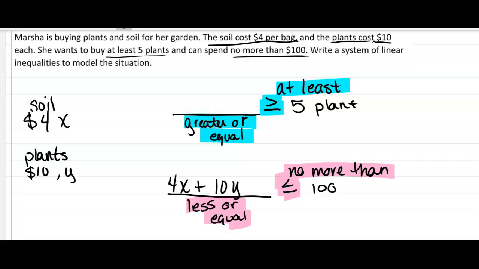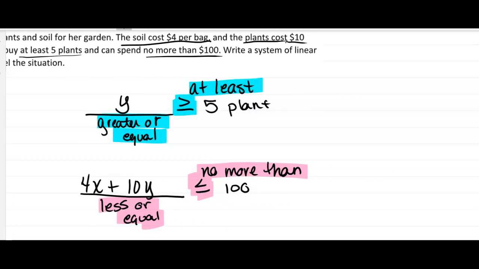Now for the plants, we need to buy at least 5 plants. We don't know the value of the plants, so we're going to be using y, which has to be greater than or equal to 5 plants. So those are our two inequalities.